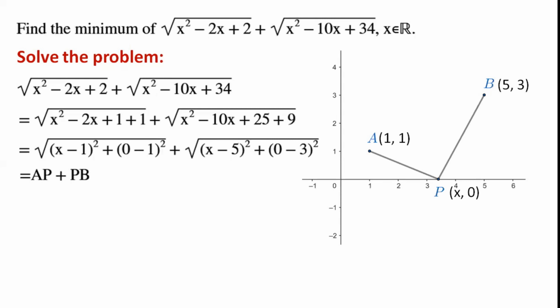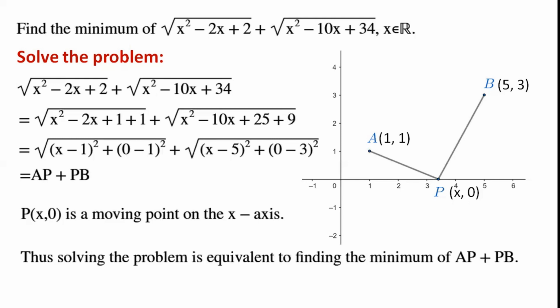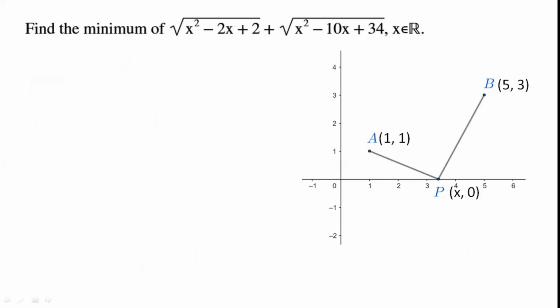A is the point (1, 1). B is the point (5, 3). P(x, 0) is a moving point on the x-axis. Thus, solving the problem is equivalent to finding the minimum of AP plus PB.